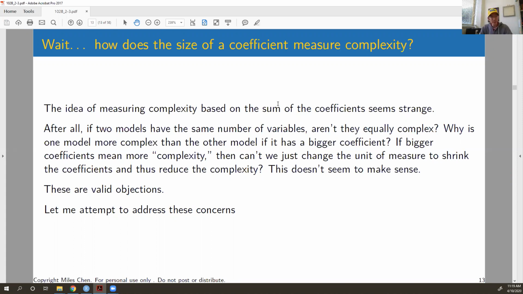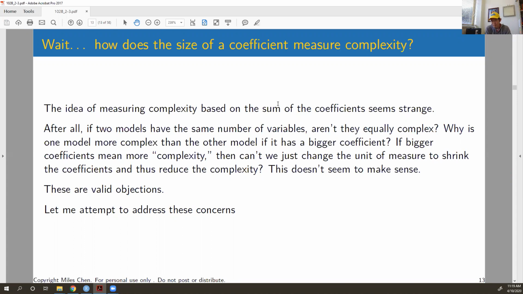When you say this model has 4 variables in it and this model has 2 variables in it, obviously the model with only 2 variables is simpler. Here we have 4 non-zero coefficients and here we only have 2 non-zero coefficients. That makes sense. But now we're using the L1 and the L2 norms, and what we're saying is that the size of the coefficient itself measures complexity.